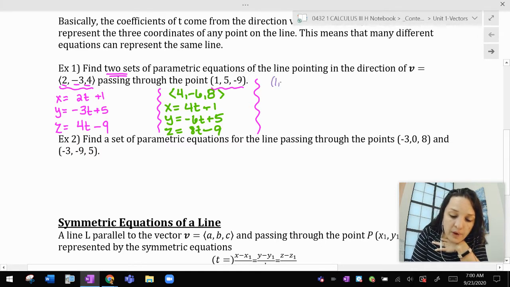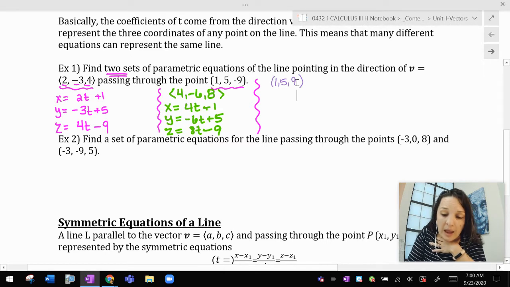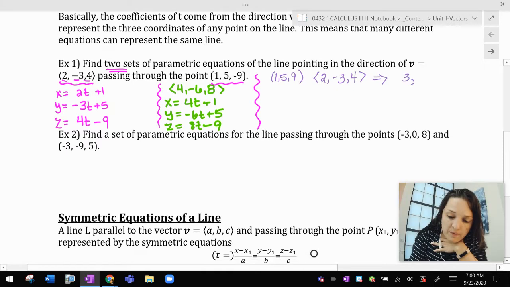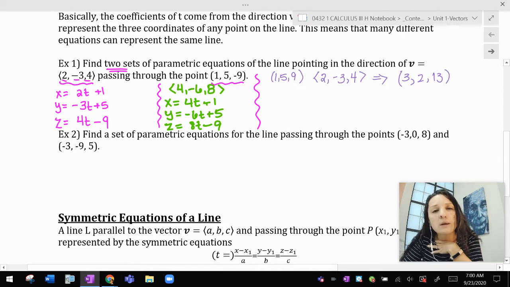If 1, 5, negative 9 is definitely on the line, and the line's direction vector is 2, negative 3, 4, wouldn't that mean that the point 1 plus 2, which is 3, 5 minus 3, which is 2, negative 9 plus 4, which is negative 5, is also on the line?